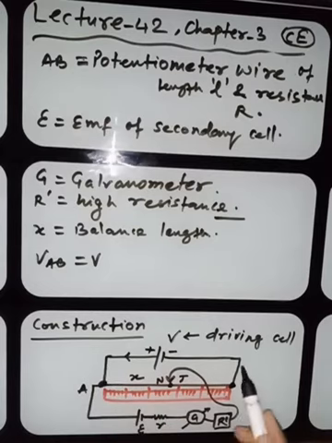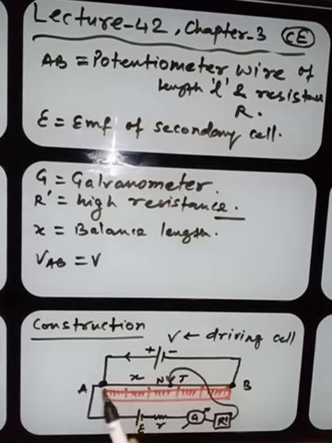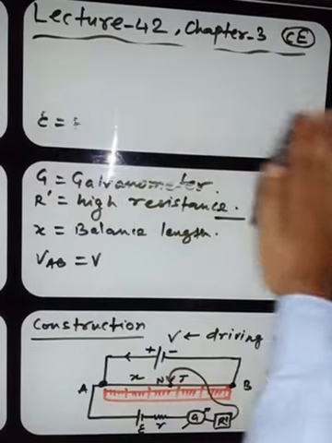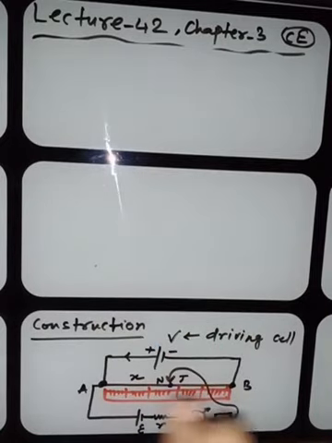This is the internal part of the potentiometer, but we are performing the experiment over here, and this is the external part, and this external part is not taking any current from the driving cell. It means the current remains constant. That's why we say the potentiometer is based on the principle of constancy of current.